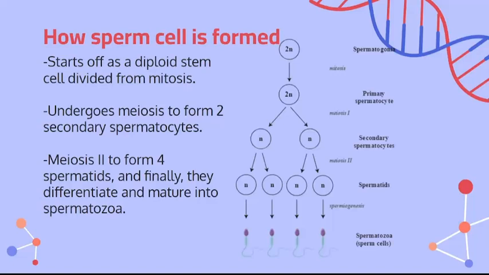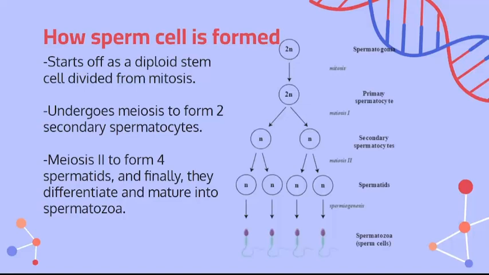The sperm cell starts as a diploid stem cell that's divided by mitosis when you were born, and eventually it's going to undergo meiosis 1. So remember, meiosis 1 creates two cells. It first undergoes meiosis 1, and it becomes two secondary spermatocytes.